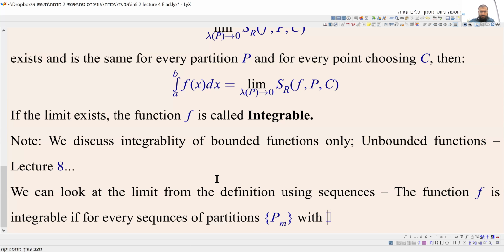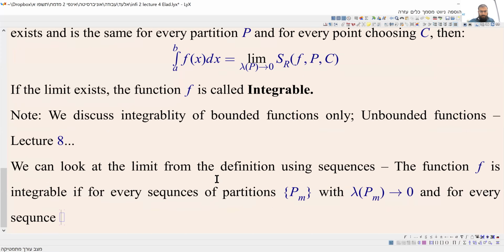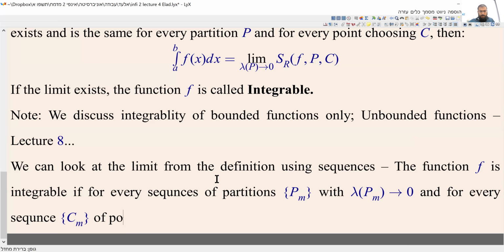P_m with parameter that tends to 0, and for every sequence c_m of point choosings, sounds weird, but I don't know. Where's the H? We have the same limit.